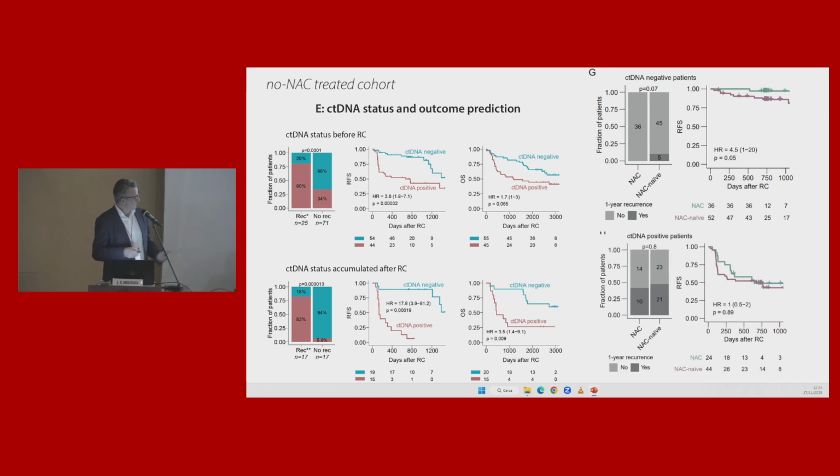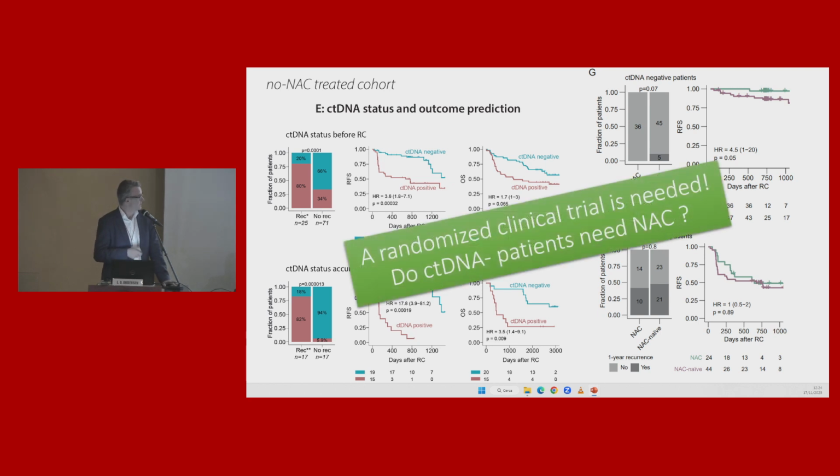If we look at the ctDNA positive patients compared between the cohorts, we also don't see a difference. So this actually questions the efficacy of the neoadjuvant chemotherapy for this. Is it really needed? So what we can say here is that we really need a randomized clinical trial to document if neoadjuvant chemotherapy is actually needed in ctDNA negative patients before or at diagnosis.